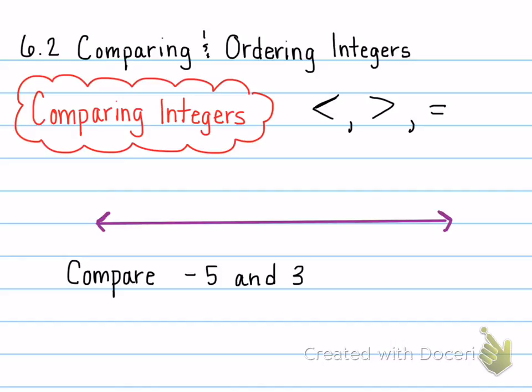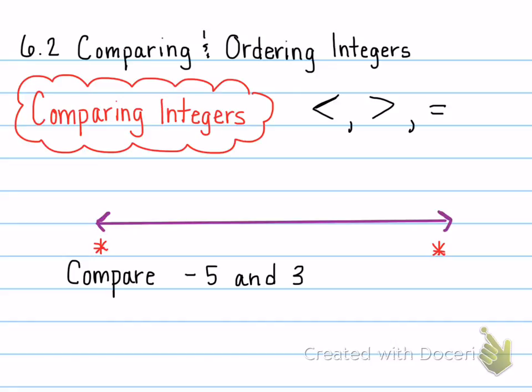All right, so when we're looking at our number line, and again, this is a horizontal number line, we know that we have to go all the way from -5 to 3. We know that our bigger numbers are always going to be on the right of our number line, and our smaller numbers are always going to be on the left. We also know that positive numbers go to the right and negative numbers go to the left.